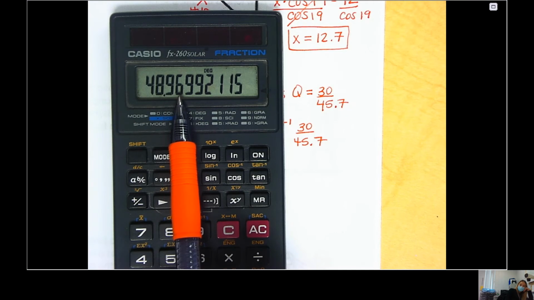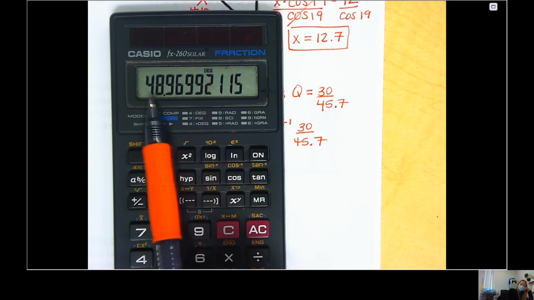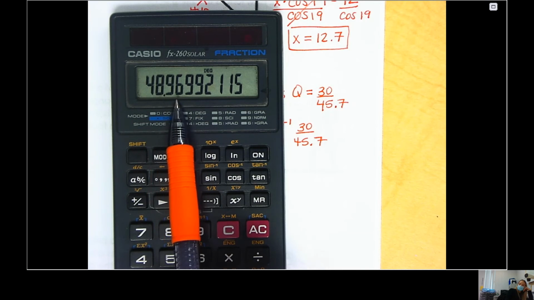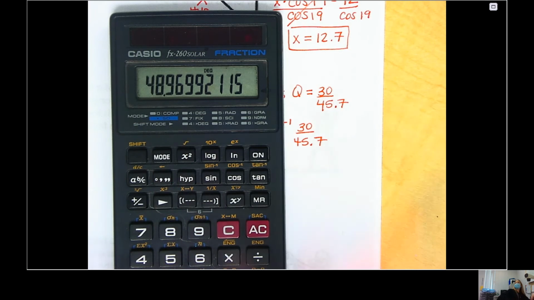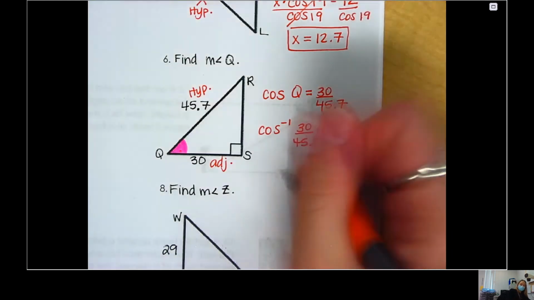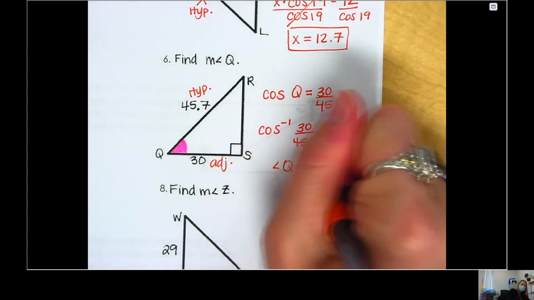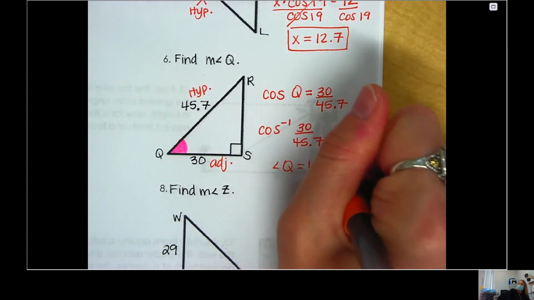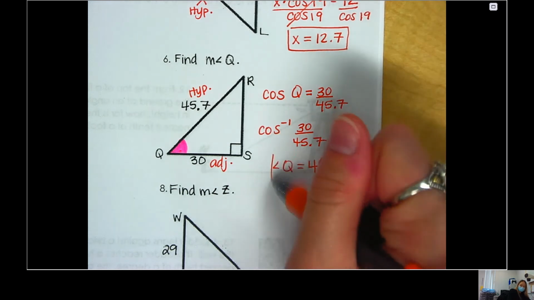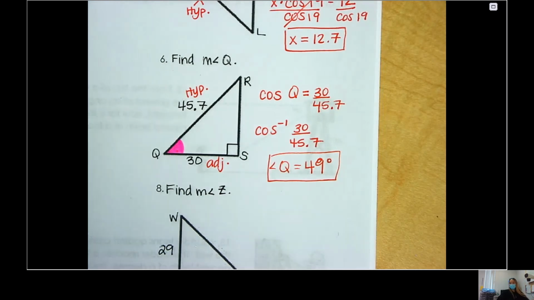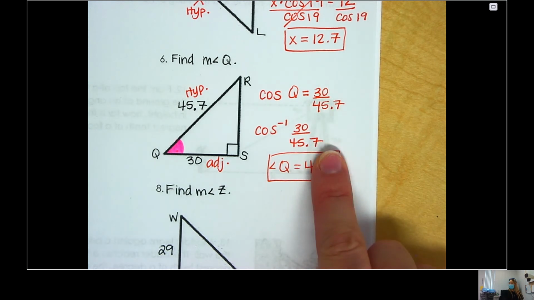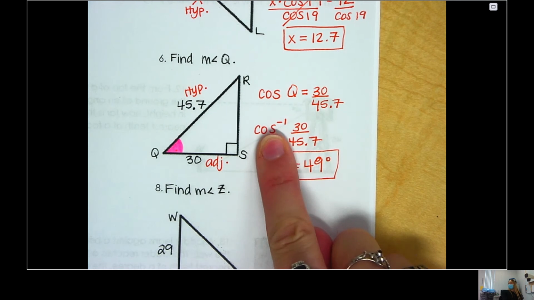It would just round up to 49. Yep, so this is 49.9. Since this number is bigger than a 5, that means I have to push this one up. Since it's already a 9, I go up to the next number. So it's 49, and it's an angle, so it's what? Degrees. Good. Beautiful. No, you have to do the fraction first and then push second cosine.